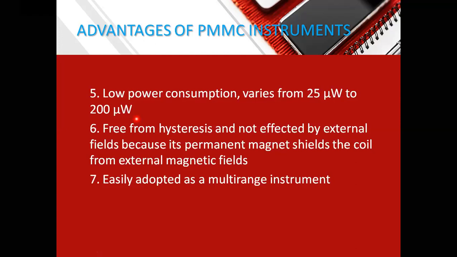As an instrument, its duty is only to measure things, but not to act like a load. That means it should consume very, very little power, and it should show the reading. And that job is done well by permanent magnet moving coil instrument. You can see that it consumes very little power, around 25 microwatt to 200 microwatt.